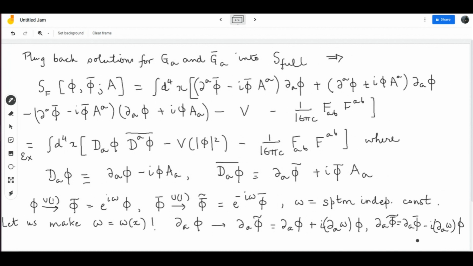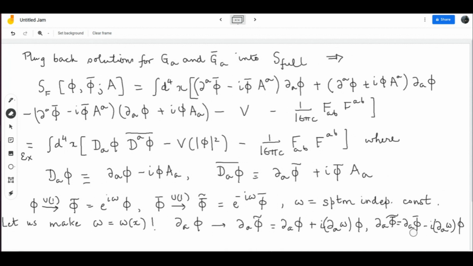So now we can realize immediately that the previous action, del_A phi bar del^A phi minus V of phi, will no longer have an invariance when omega is a function of x, because of this extra term, this del_A omega term.